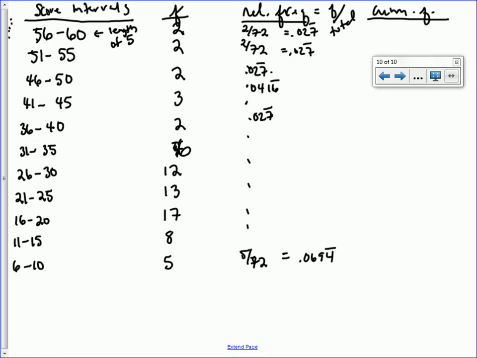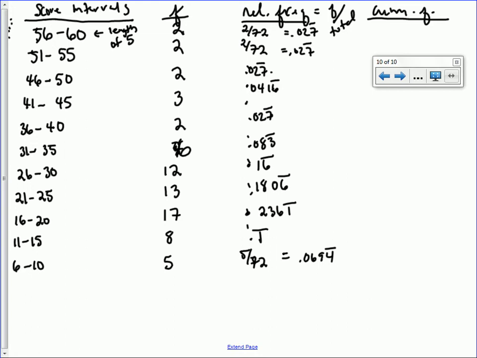And that is 0.083. Then we have 0.16. Then we have 0.1806. We have 0.2361. We expect that one to be the biggest because it has the most in the category. And 8 is 0.1 repeating. Okay, so we have all of those.